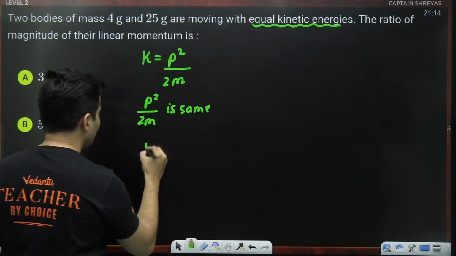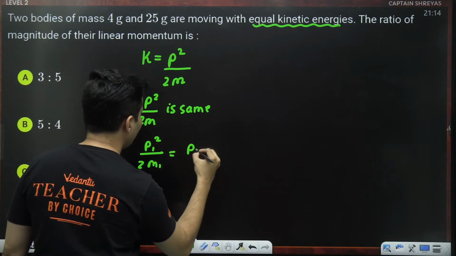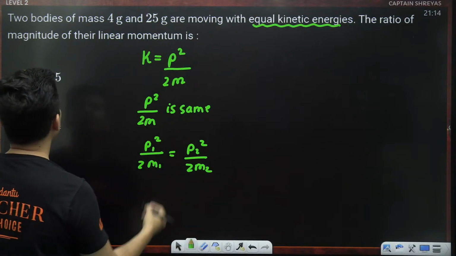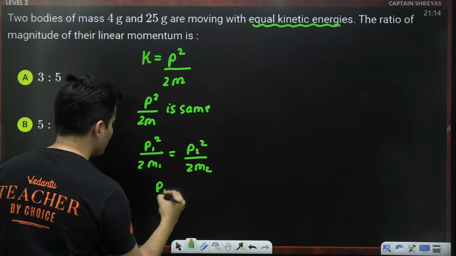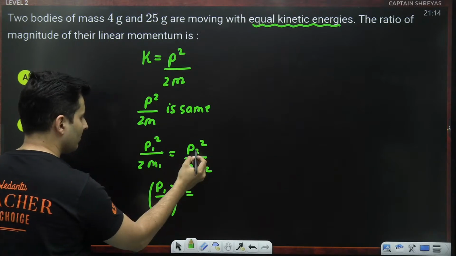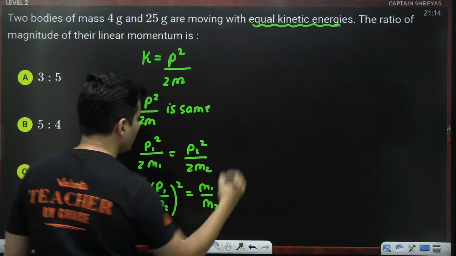So P1 square by 2 times m1 will be P2 square by 2 times m2. 2 cancels. The ratio of their linear momentum is asked. So P1 by P2 whole square, m1 goes on the top, is m1 by m2.